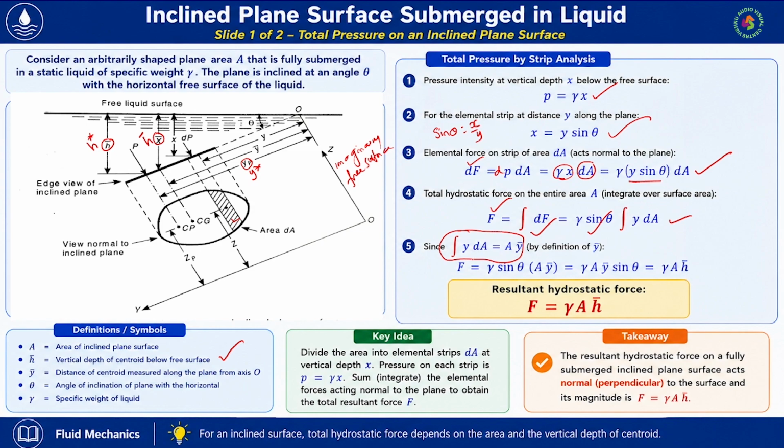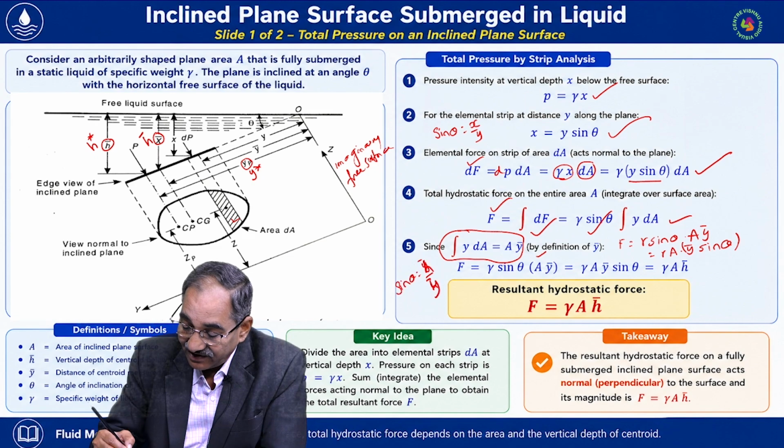So F is equal to gamma sine theta into A y bar, which I can write as gamma into A into y bar sine theta. Now if you see y bar and h bar, sine theta is equal to h bar by y bar.